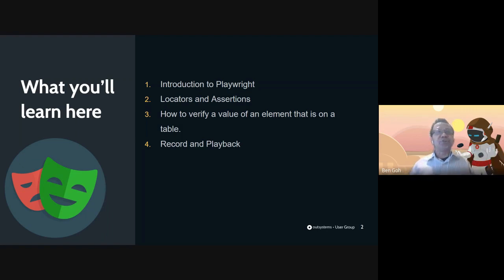And then we could solve a problem: how do we verify the value of an element that is in a table? And then we're going to do a bit of a demonstration of the record and playback features of Playwright.